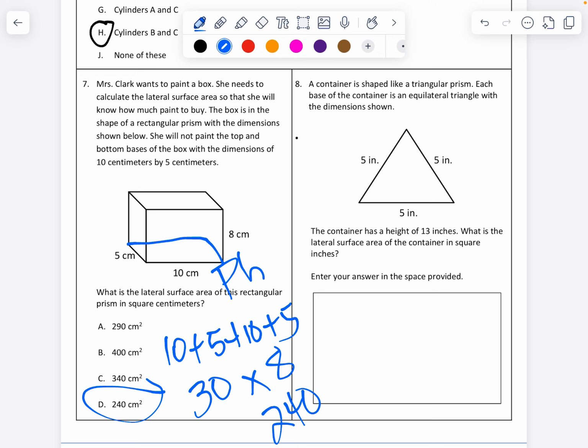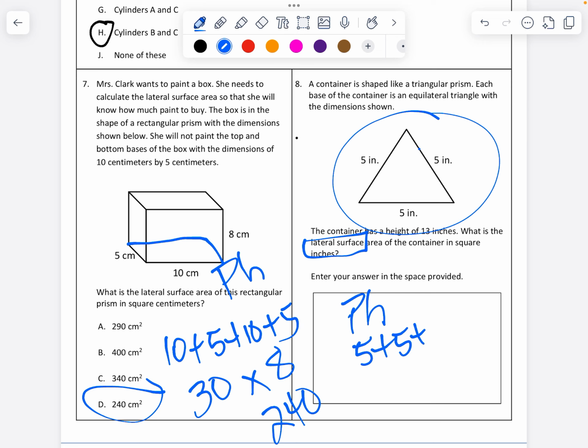All right, number 8. We have a prism, and we have this as the base. The container has a height of 13. What is the lateral surface area? Again, it's going to be perimeter times height. The perimeter is going to be these numbers here, so 5 plus 5 plus 5, which is 15. That's your P. And the height, it tells me, is 13.